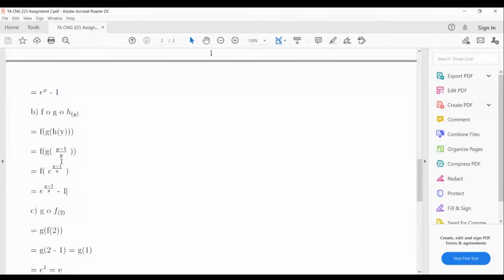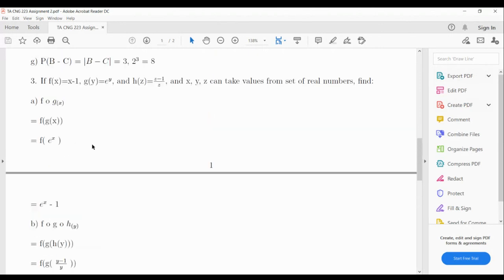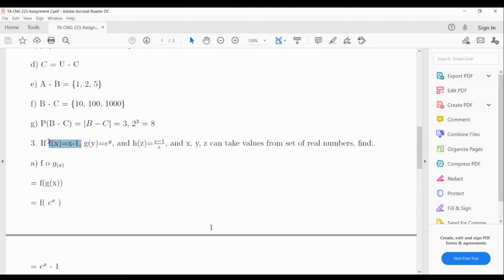So one by one I inserted the functions inside one another. So h(y) I calculate, then as an input I consider it for g, and then the whole thing as the input of f, which means that we just decrease it by 1, as this is what this function does.